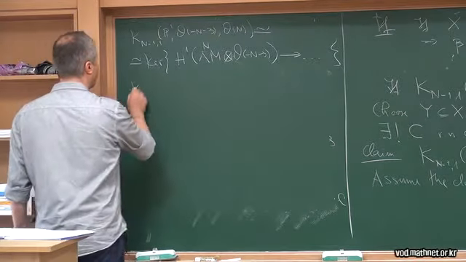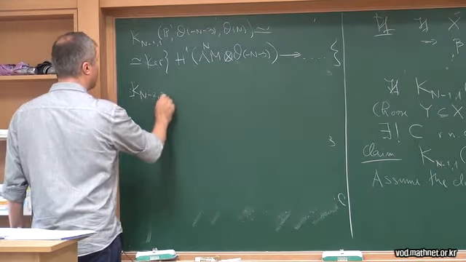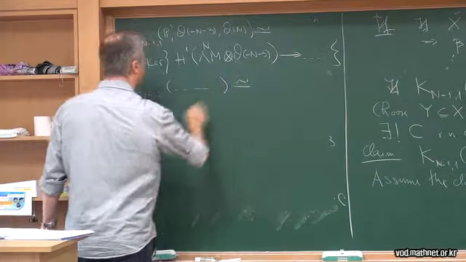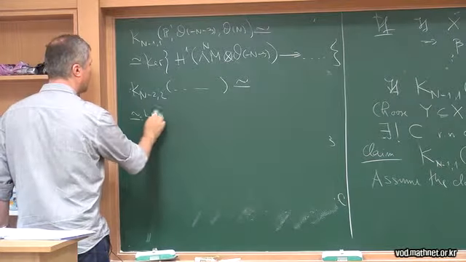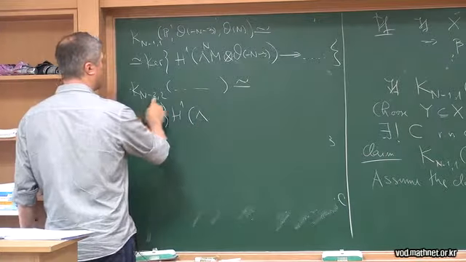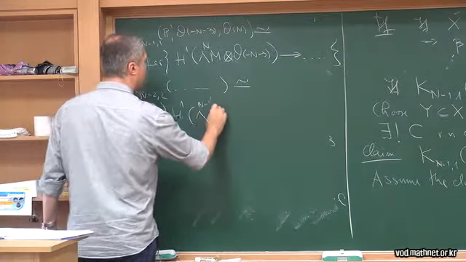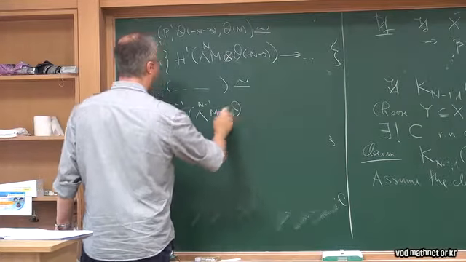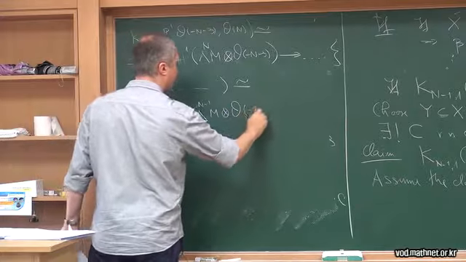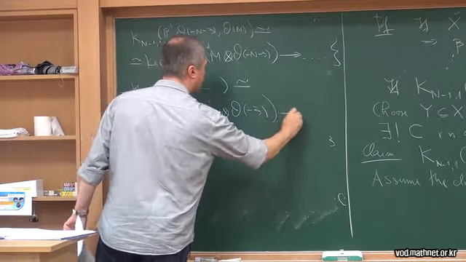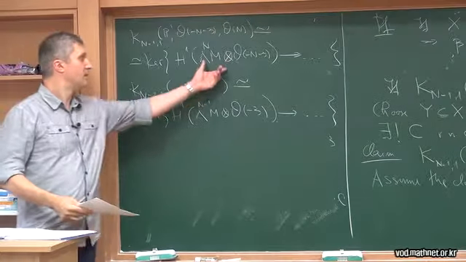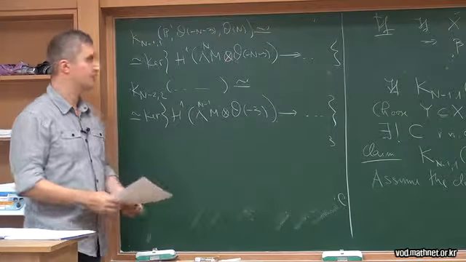And K_{n-2,...} of the same thing was isomorphic to the kernel of H1 of wedge n-1 M tensor O(-n-3+n), so that would be O(-3), to something. So we will actually prove that these H1s vanish.